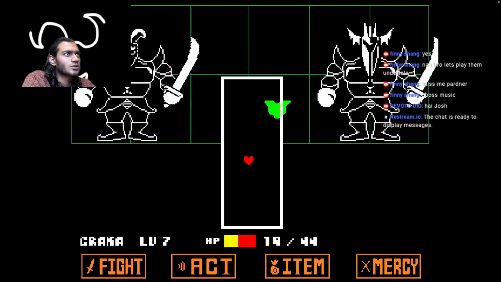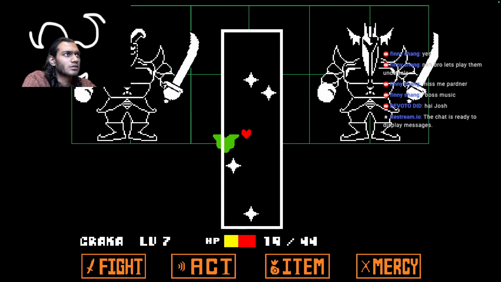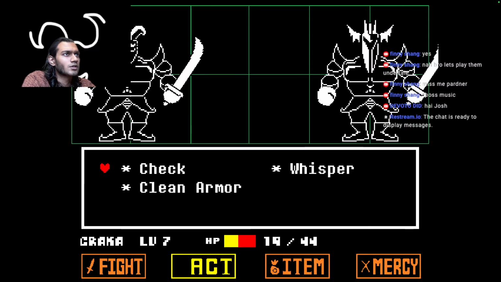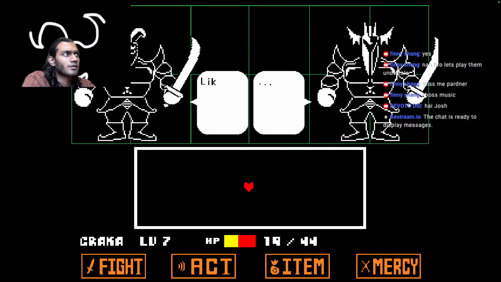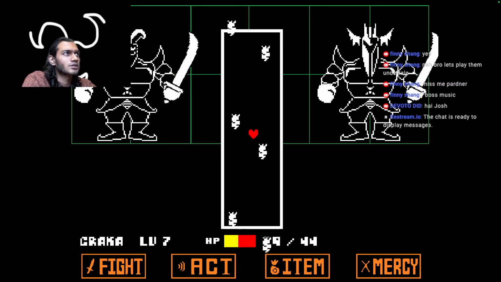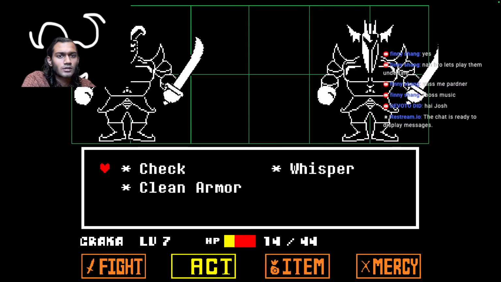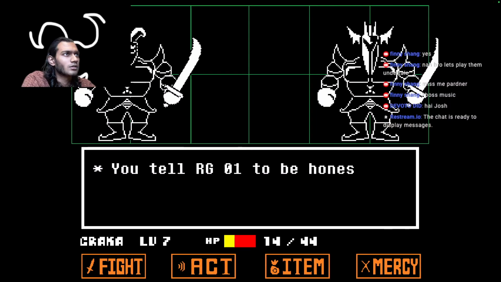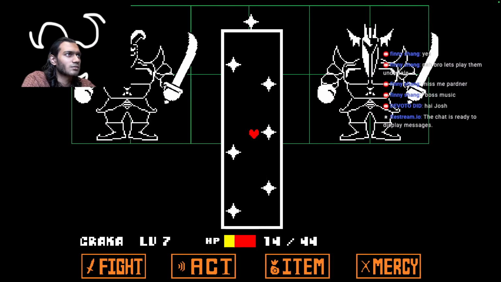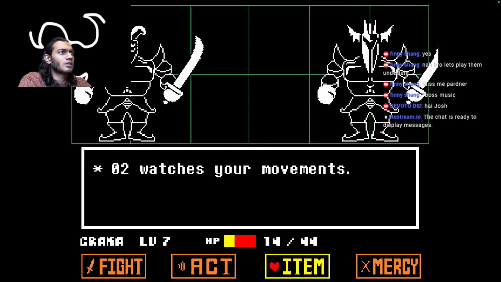It's cooling dirt begins to wash away. Whoa, what the? O2 watches your movements. Whisper. I won't tell. This is the one I hate the most. You can't predict how. I don't know if it's doing the trick.